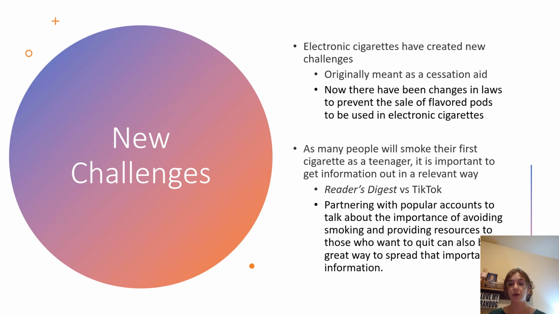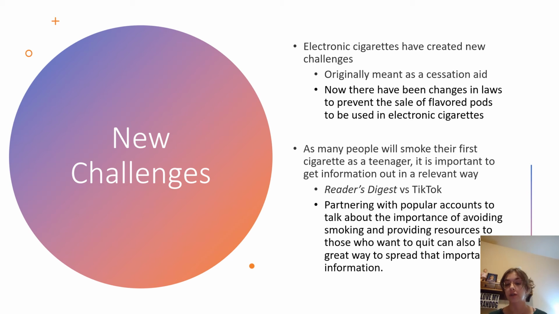And then it's also important to keep in mind that many people will have their first cigarette while they're a teenager, actually a very young teenager. A frequent age that I've seen in research was 13 to 14, so it's important to get information out to that age group about the dangers of smoking as soon as possible so that they can make the smart decision for themselves.